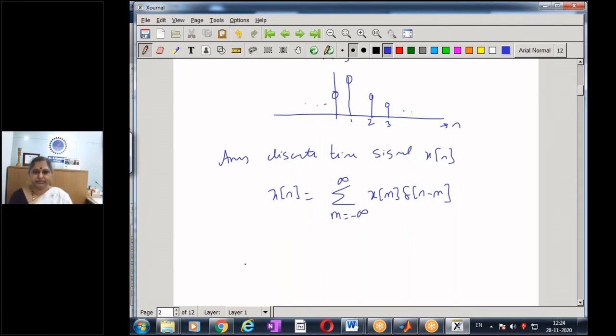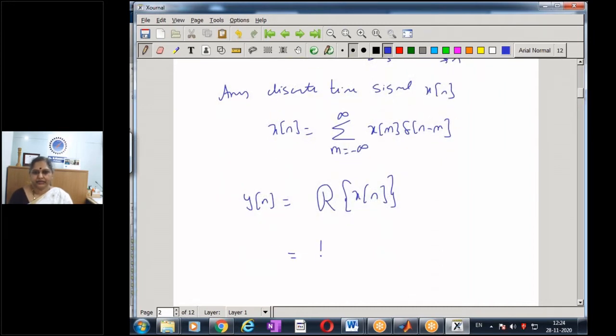So now our aim is to compute the output of the system y[n], which is nothing but the response of the system to any input x[n]. Since any signal x[n] can be represented by this method as a weighted sum of shifted impulse functions, instead of my input x[n], let me write it in this form: sigma m equal to minus infinity to infinity x[m] delta[n minus m].